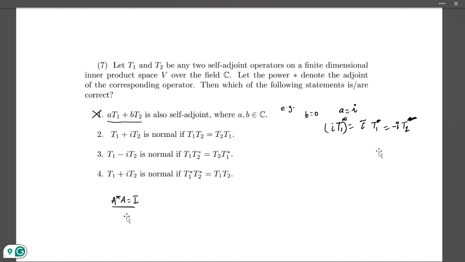Either A star A is identity or A A star is identity, it's good enough because I star is identity. So let's see, T1 plus I T2 star, T1 plus I T2. What will it be? T1 star is okay.